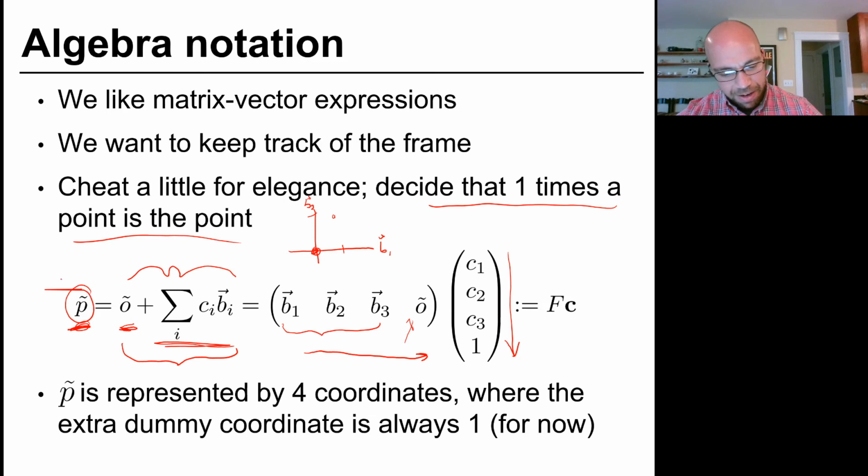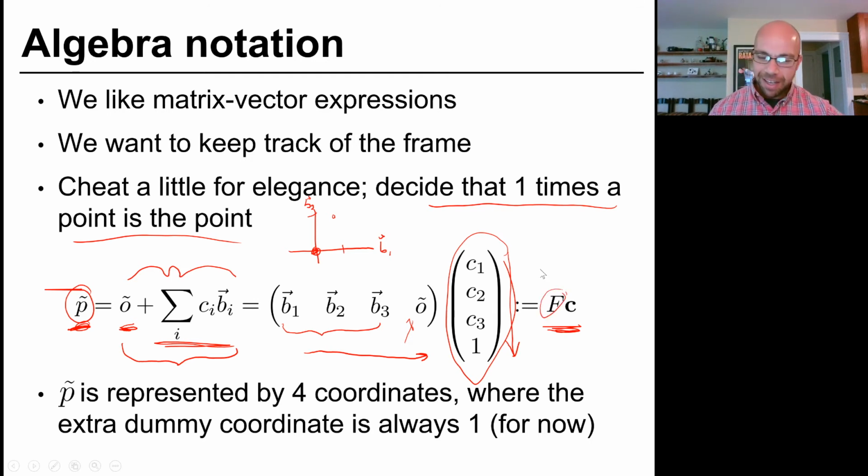So this gives me a nice notation for writing this point P tilde. And essentially I can think of P tilde as being in a 4-dimensional vector space where so far that fourth coordinate is always going to be 1. We're going to see why we might want to let that change later, but for now we're just going to leave it as 1. And this is going to allow us to continue to have this nice coordinate notation with just a new matrix on the left.